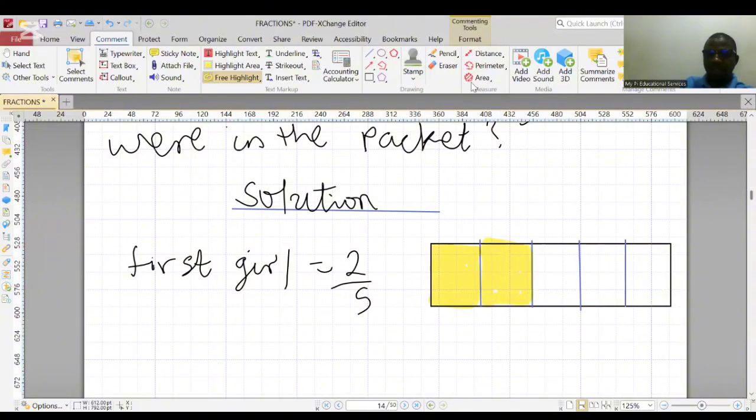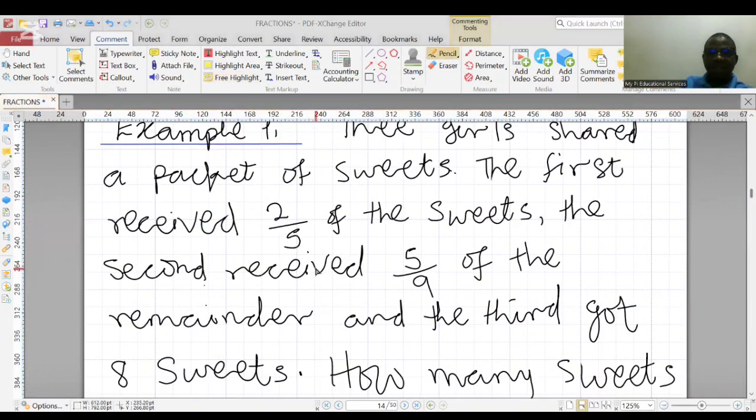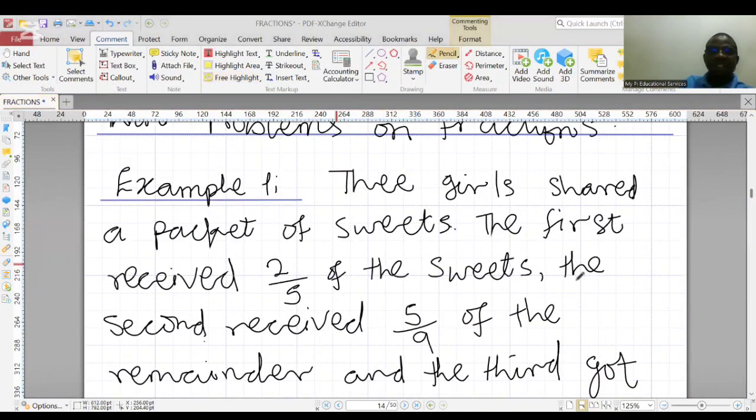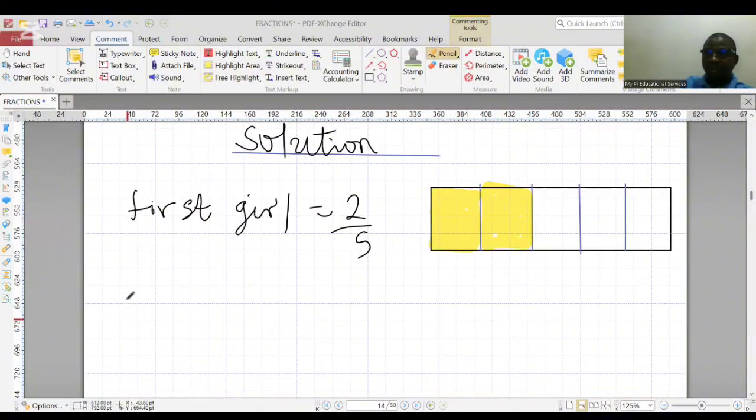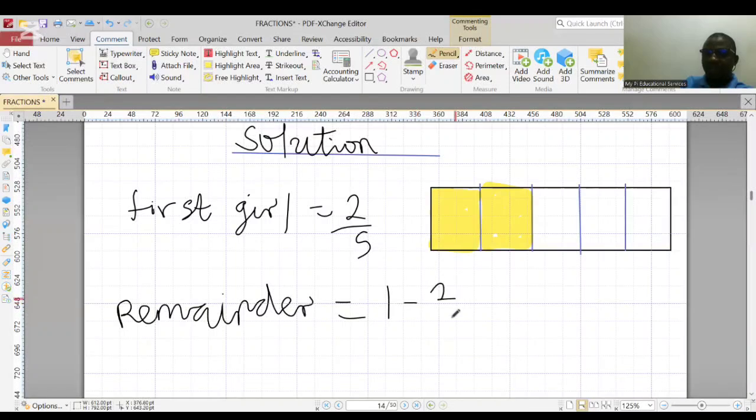The next sentence says, the second received 5 out of 9 of the remainder. So first we need to find the remainder. As you can see, the sweets have been divided into 5 parts and the first girl is receiving 2 out of 5, so the remainder will be the whole sweet minus 2 out of 5, and we have 3 left, which gives us 3 out of 5.